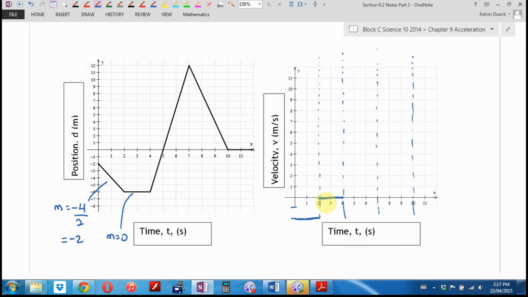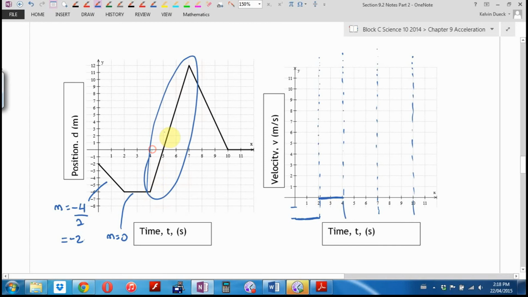What's the slope of this section here? Positive or negative? Positive. What's the rise? Well, there's a few ways you can do this. You could go from here to here and say the rise is 12 and the run is 2.